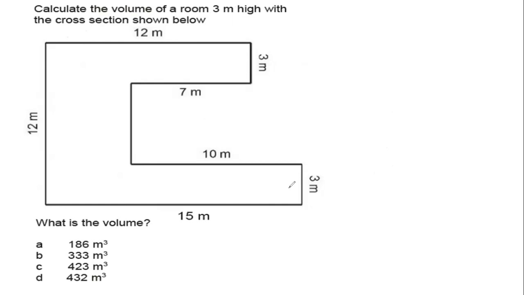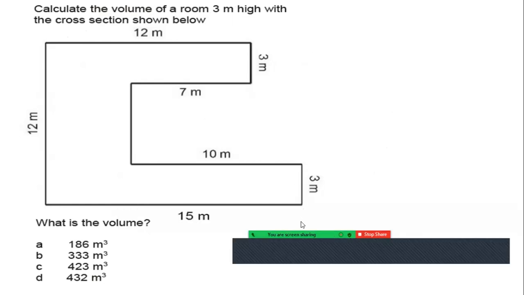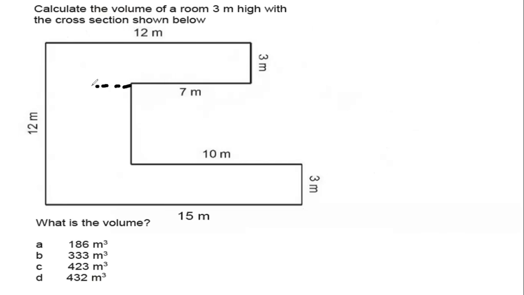All right. So class, what we really need to do now is find the area of this irregular shape. And we're going to have to split up this thing, not true? Let's split it right there. And let's split it right there. I mean, you could actually split it right there too.